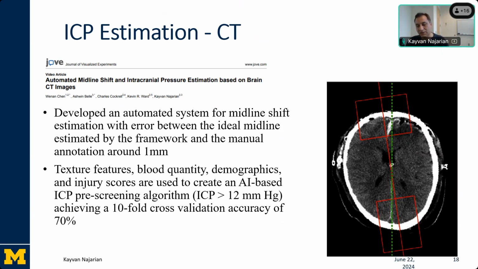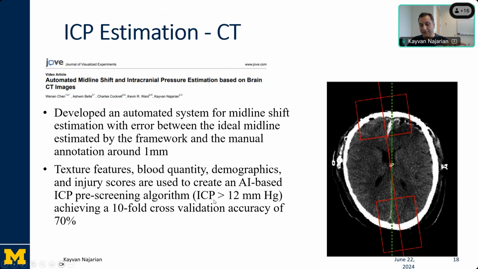But we also look at hematoma estimation that I showed you in the previous slide, and we have some techniques that look at the presence of edema and volumetric assessment of edema. We get all of these quantitative measures from the CT, combine them with some demographics and injury scores, and try to predict whether the ICP is elevated or not.